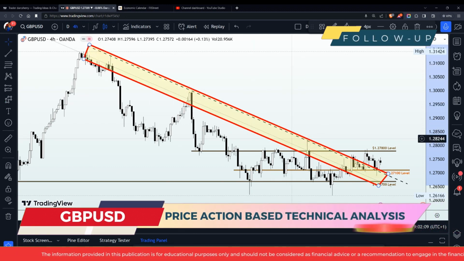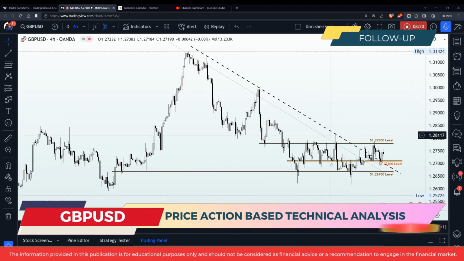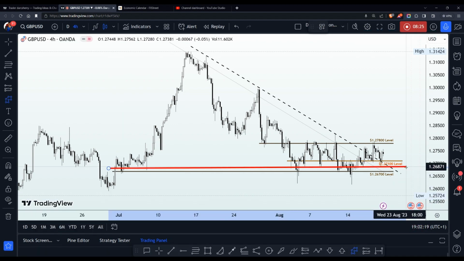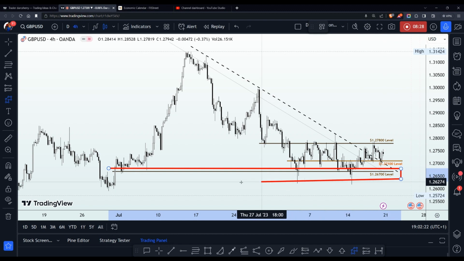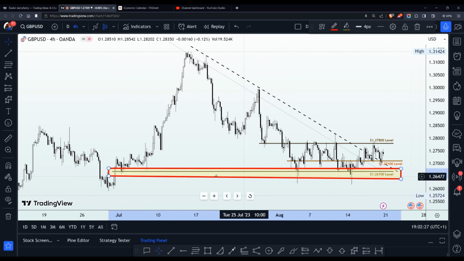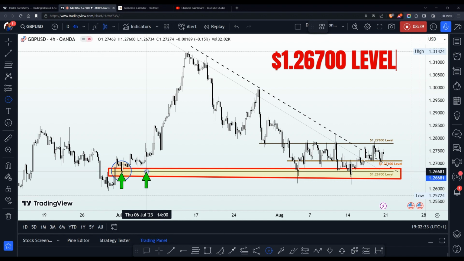One interesting thing about this structure is that despite the lower highs we have observed, it is quite clear that price action is yet to find a lower low to confirm the strength of the sellers at this point. You will see that every point in time when price action comes into the 1.26700 level, we begin to see how sellers have struggled around that area as buyers at every point in time come in to take over the market from the sellers.